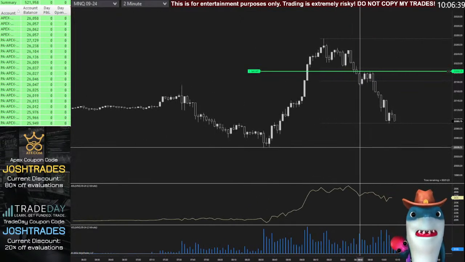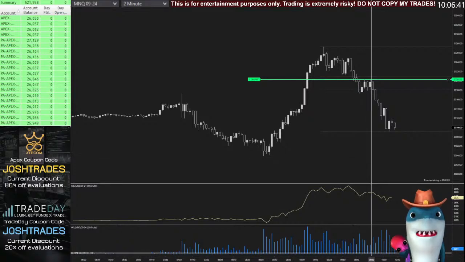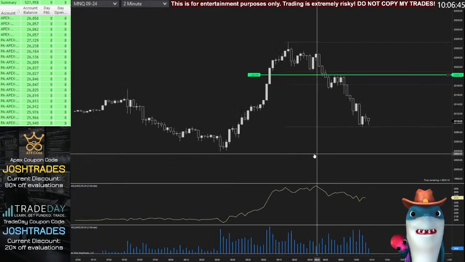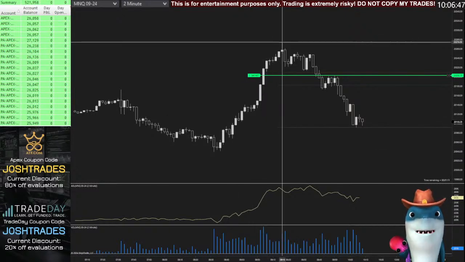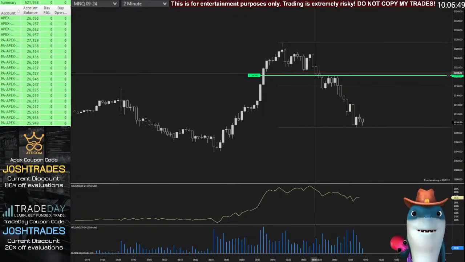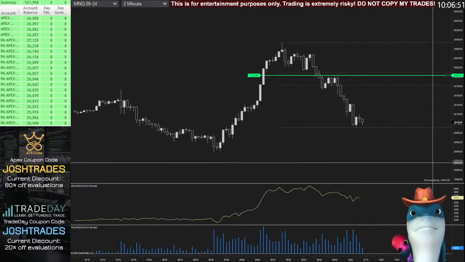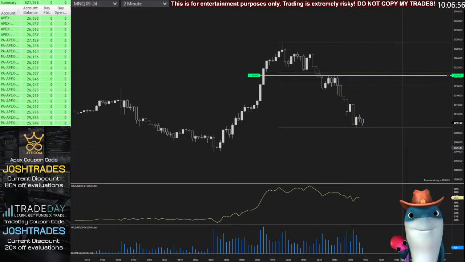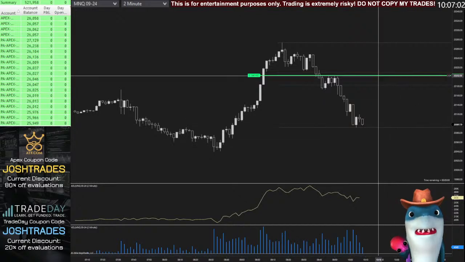Wow, this price action is, I want to say, a little unusual. Like these moves straight up with no retracements, then straight down with barely any retracements. I guess it does happen, but I feel like you don't see it too much. And it's very hard to trade these.